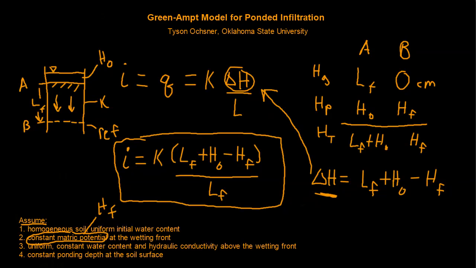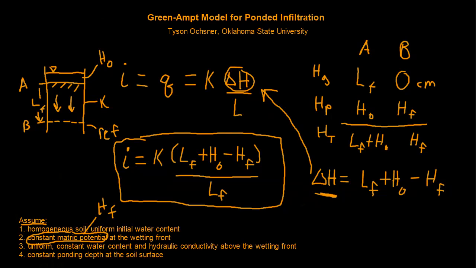So the only thing in this equation that is changing is this value L_F, which appears here in the top and the bottom. Otherwise nothing else is changing. So what's happening as that wetting front moves down, L_F is getting larger and larger, and as this L_F gets larger, this flux i, this infiltration rate, gets smaller and smaller because of the growth of L_F.